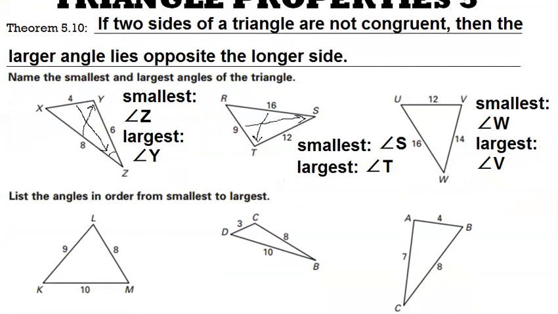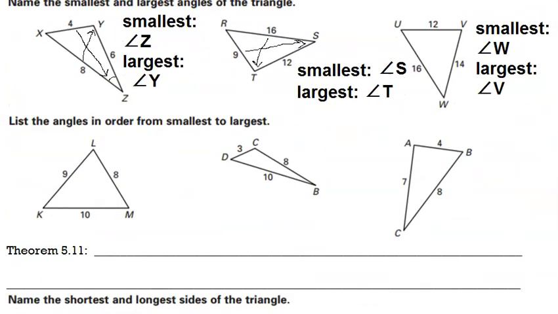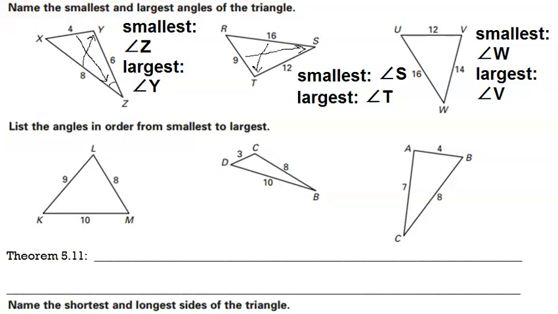All right, let's step it up a little bit. List the angles in order from smallest to largest. Okay, so now this time we have to list all three of them. So that would be angle K, because it is opposite the smallest side. Then we would go to angle M, because that's opposite the in-between side.